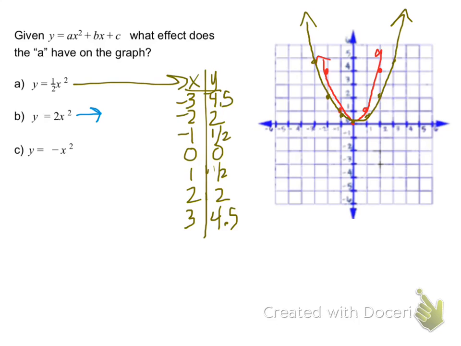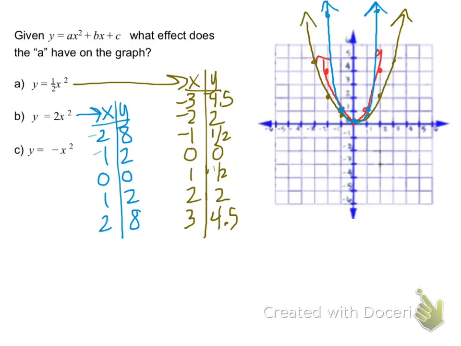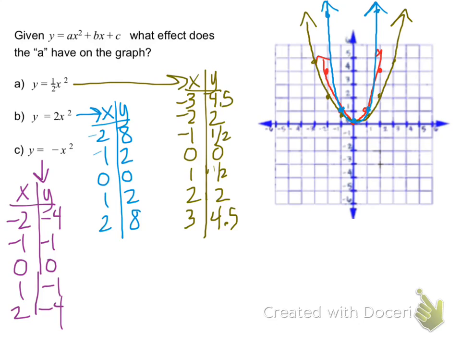And now again, picking positive and negative numbers to graph y equals 2x squared in the bright blue. And now in the purple, graphing negative x squared, and remembering that negative x squared is like negative 1 times x squared. So that negative in the function does not get squared, and so that's the purple graph.